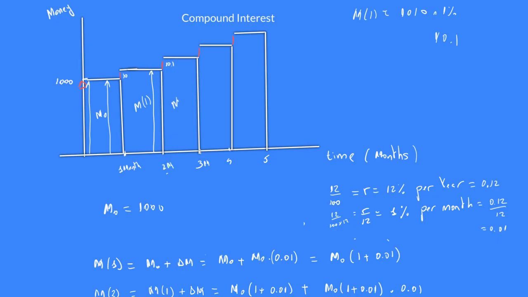Now this is M2. You will maintain $1,021 between month 2 and month 3. So this is your amount, and when you arrive at month 3, the bank will give you interest on the 1,020.1, which is 1% of this amount.